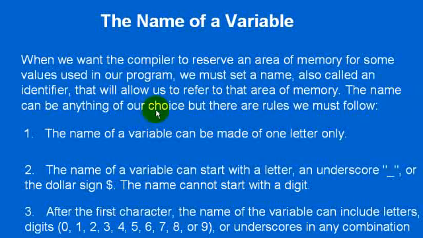The name can be anything of our choice, but there are some rules that must be followed. The first rule says the name of a variable can be made of one letter only. It is possible that you have multiple characters also, but it is also possible that you declare a variable name with one letter only. The second rule says that the name of a variable can start with a letter.